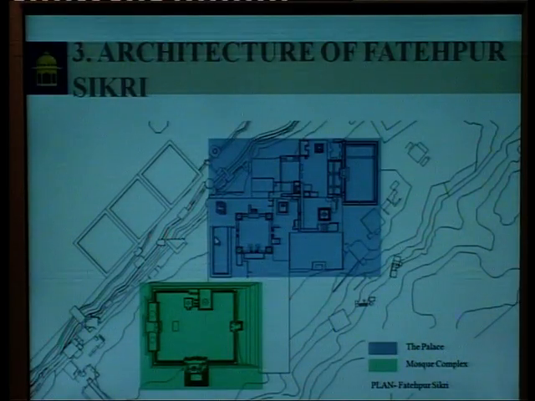It's all rectilinear planning. There is a sense of scale, there is a sense of proportion amongst these two complexes, and within the complex each of the components is very well delineated. We will now move on to the images and also study the individual components, so that you can know in detail what we are talking of.